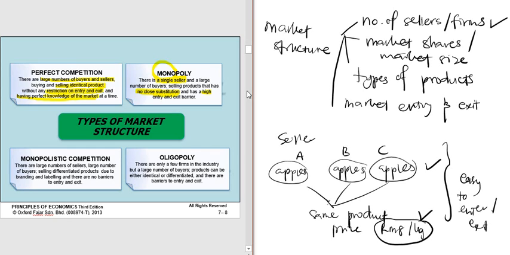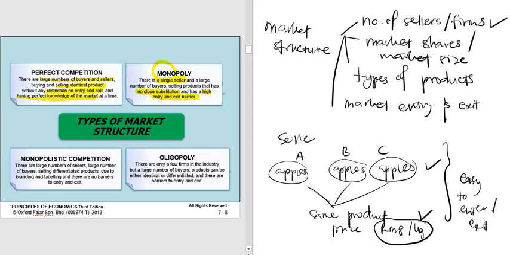It has high entry and exit barriers. Barrier means halangan. So there is high restriction. If you want to enter a monopoly market, it is hard, it is not easy, because there will be certain reasons. Later on, we are going to look at why it is hard for other firms to enter a monopoly market. So, examples of monopoly.